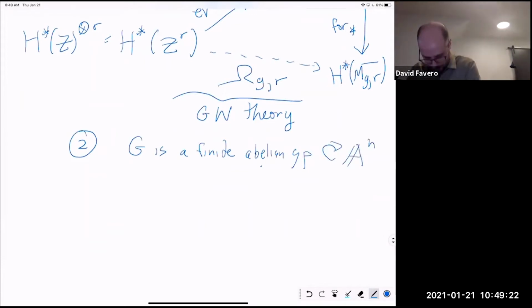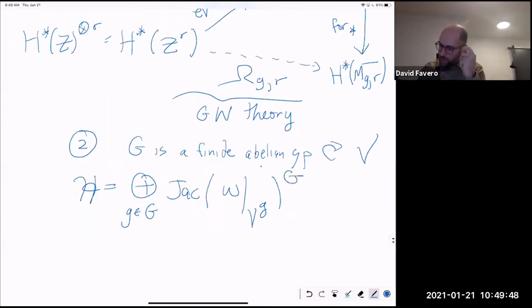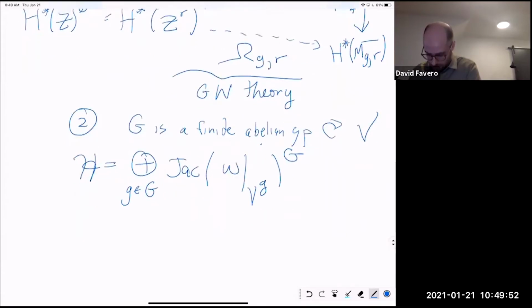And then you get H, acting on a vector space, V. H is the sum over g in G of the Jacobian of the superpotential restricted to the fixed loci of all the G-invariants.